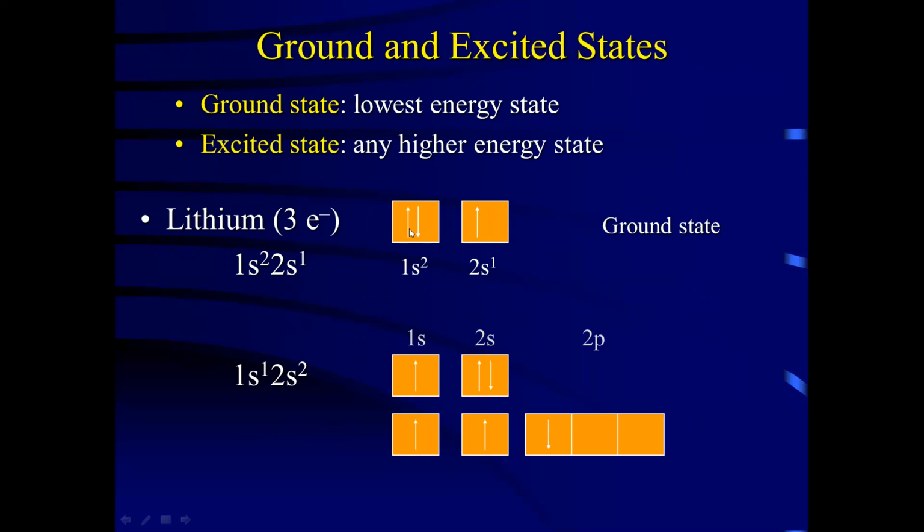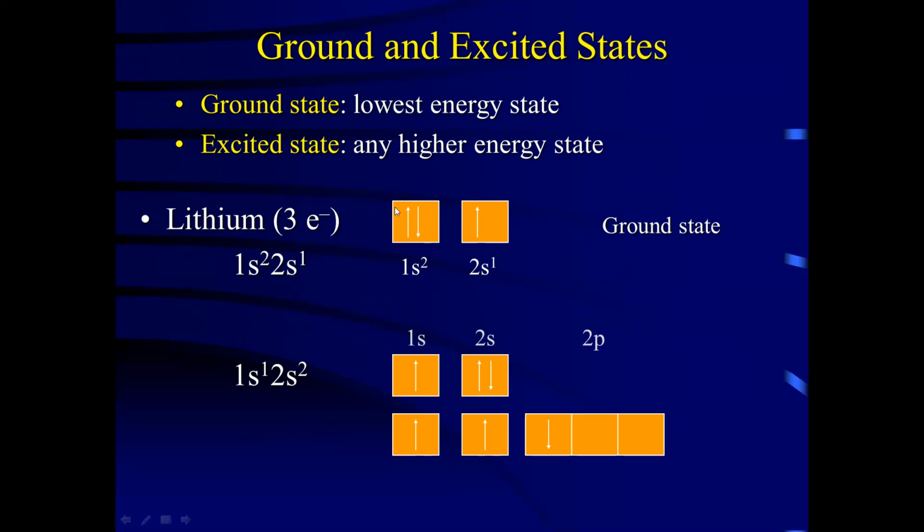After this one is done, the next lowest available orbital is 2s1. Of course, this is the lowest possible energy.